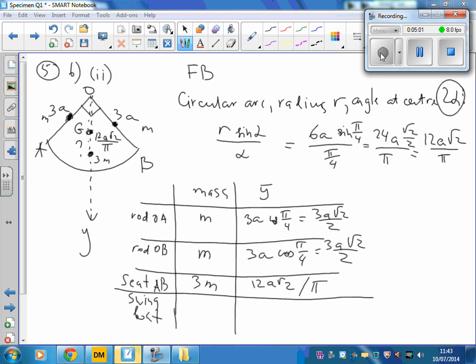So the total mass for the swing boat is 5m, and we are interested in the position of the center of mass.